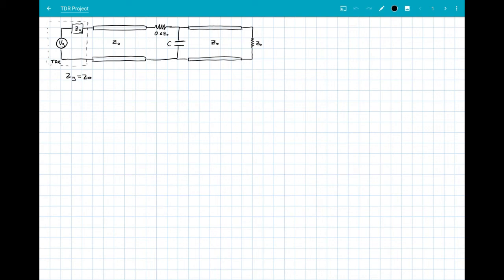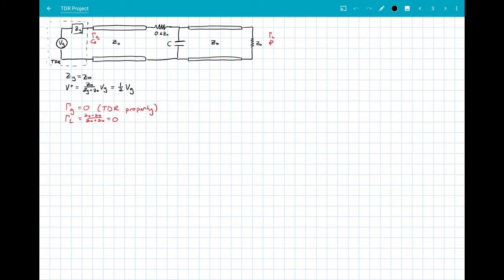We're going to assume that ZG is equal to Z0 as in our TDR cases. So first thing we're going to do is go over the first voltage wave that goes down, and we know it's half VG from our previous examples, as the mathematics behind it is a voltage divider between Z0 and ZG.